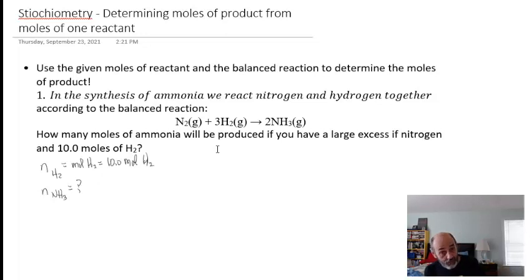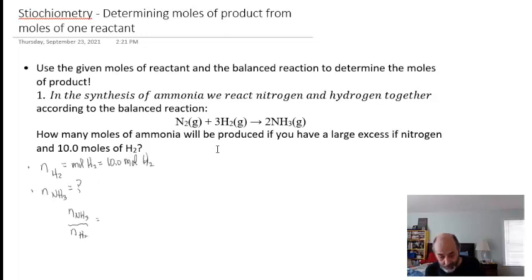So we're going to take the ratio of these two quantities. Since we want to solve for the number of moles of ammonia, let's put that on top. So N of NH3 over N of H2.